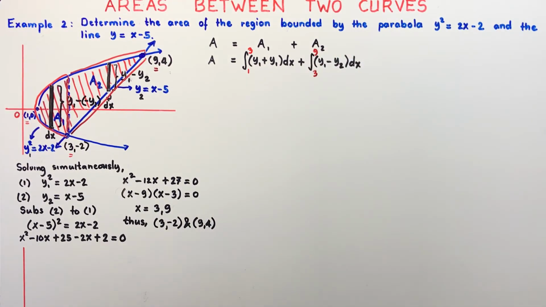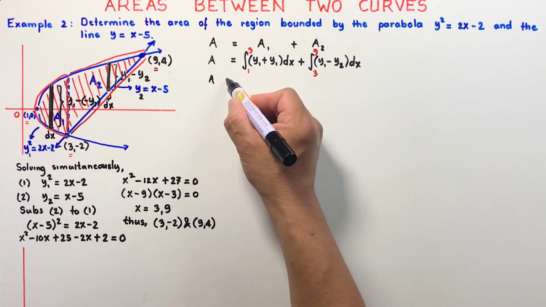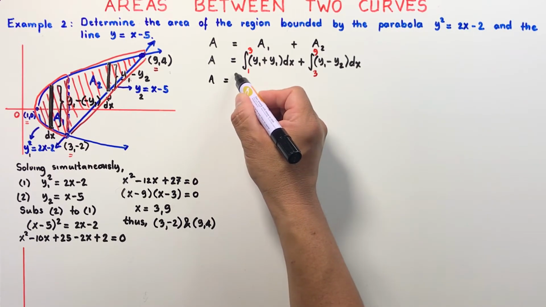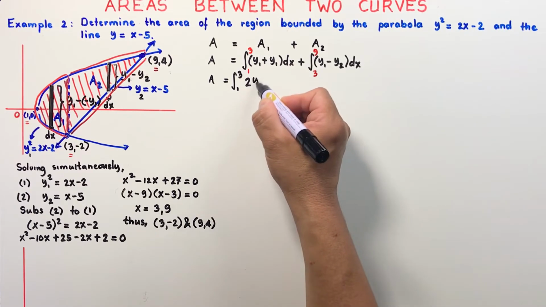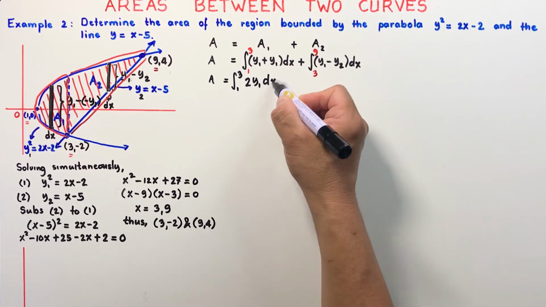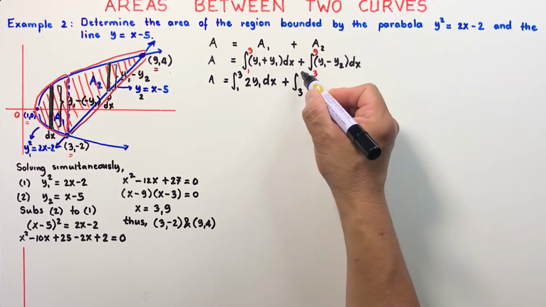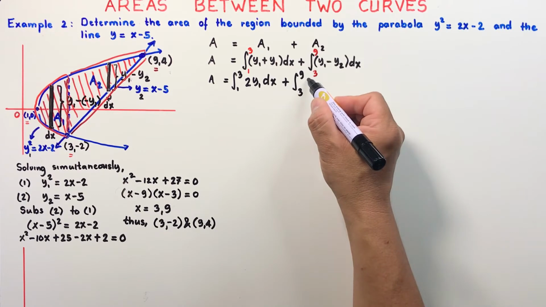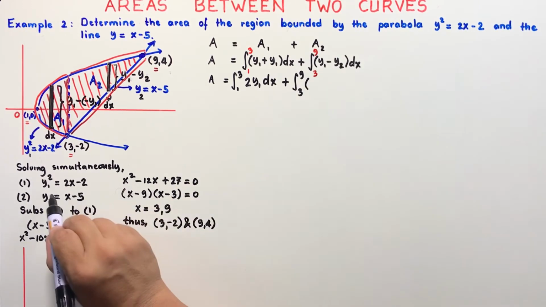Now, substituting our values of function, we have area which is equal to the integral from 1 to 3 of 2y sub 1 dx plus this integral from 3 to 9 of our y sub 1. And our y sub 1 is this one here.